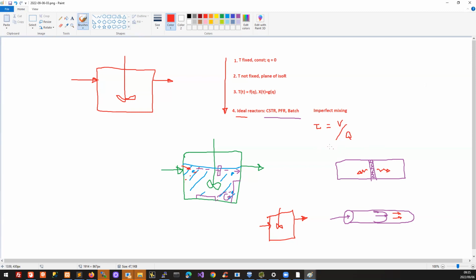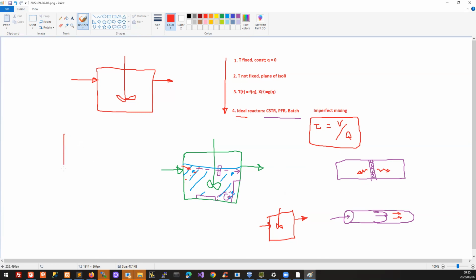But this, in a sense, gives us a very overall or summary view of the age in the reactor. It's just giving us the average age in these reactors. So what we want to do now is understand all the ages that occur in each of these reactors or in real reactors.